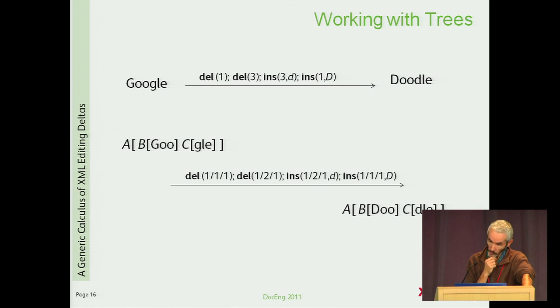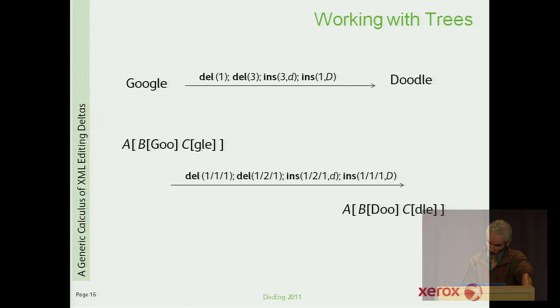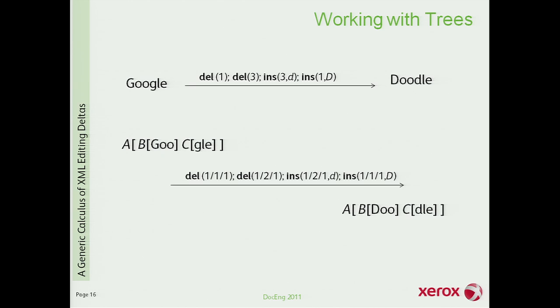Now, if we go to handling trees, and we want to generalize the example I gave you so far. Here we have simple trees, noted using a linear notation, with a node A, two children, B and C, and you see the leaves.